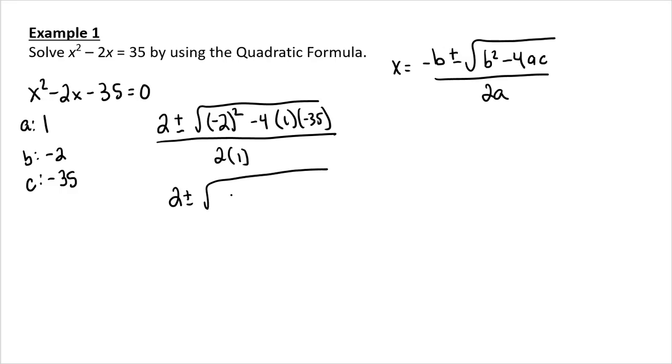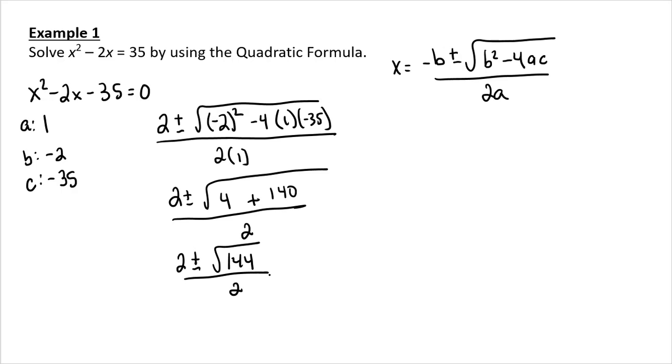So inside here we have 4 plus 140, all over 2, so I have 2 plus or minus the square root of 144 all over 2.